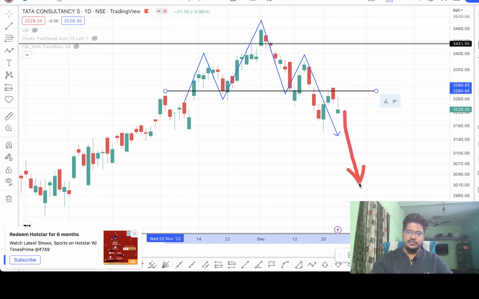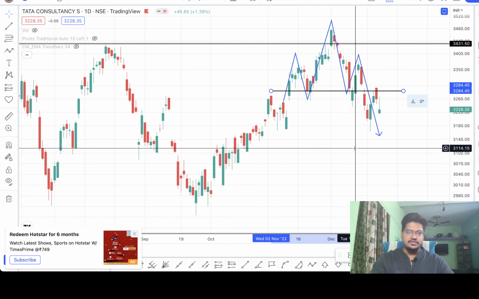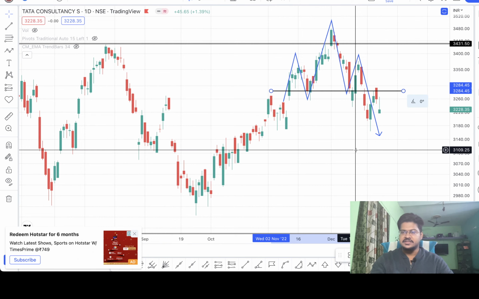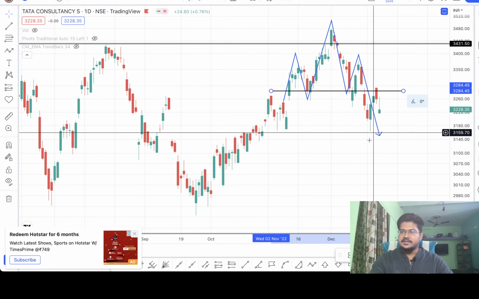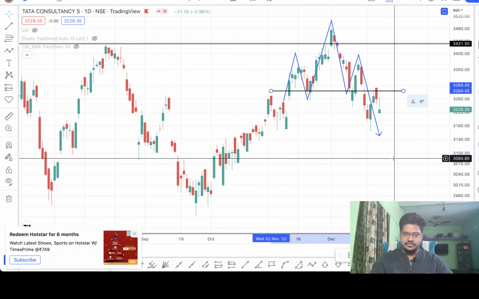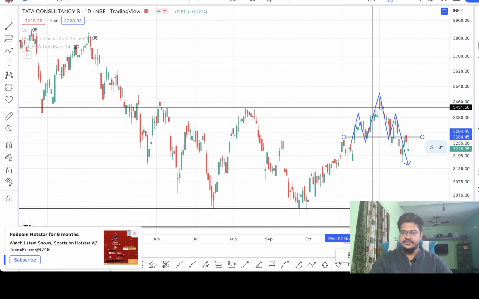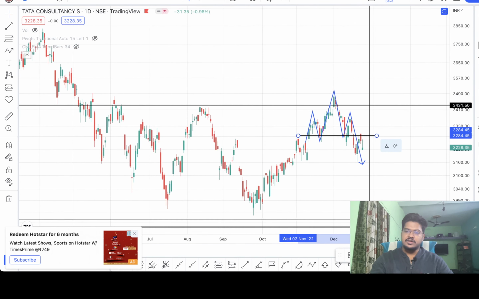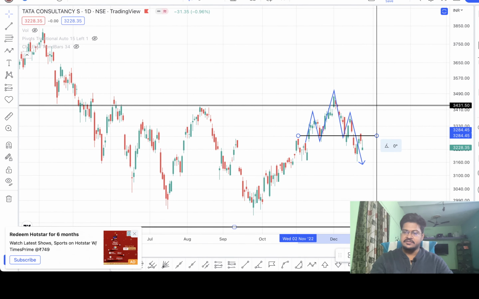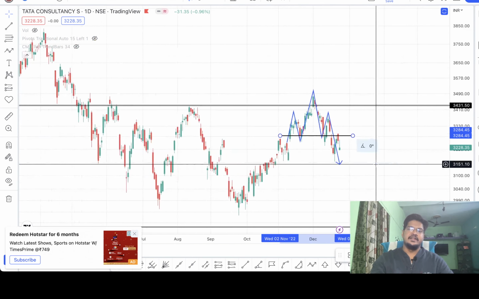So where will it fall, let's see that also. It could drop to this level, which is around 3100. Currently it is at 3228. It could drop to 3100, or it could drop to this previous level of 2956, or it can go down even lower to this level, 2870. Anything can happen.